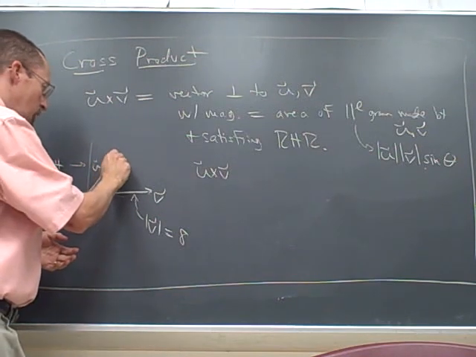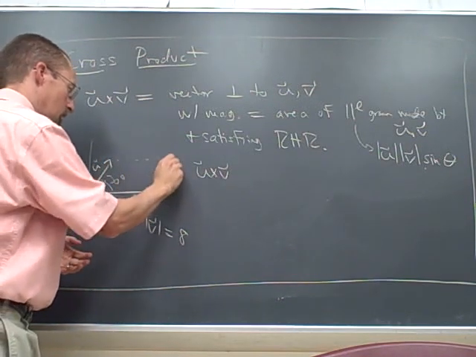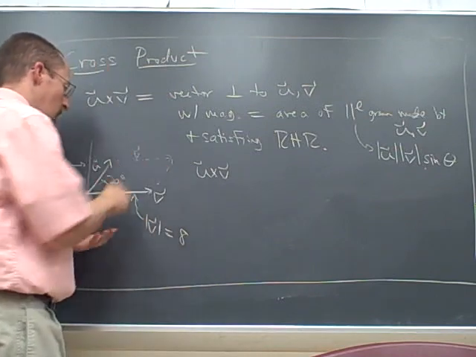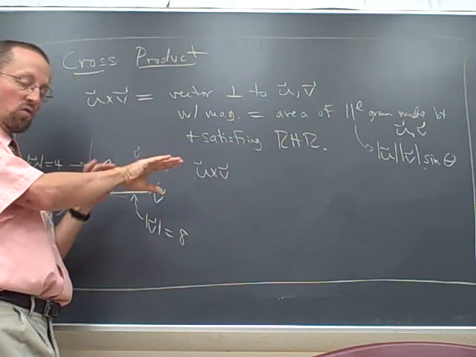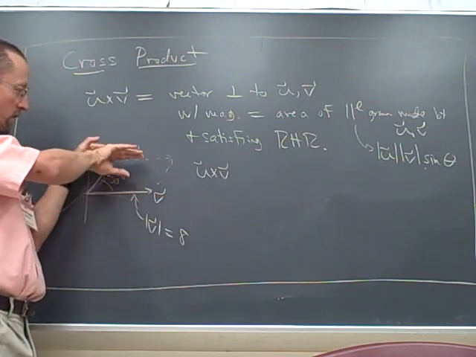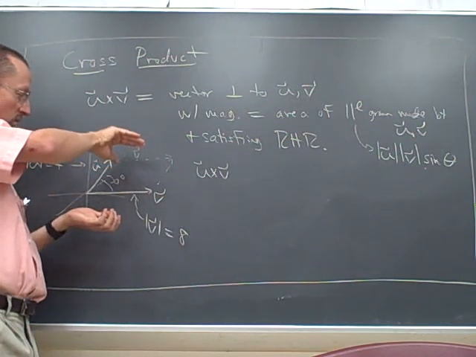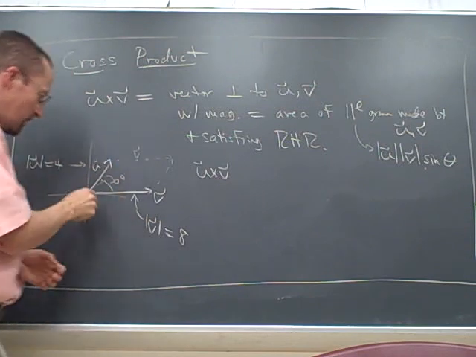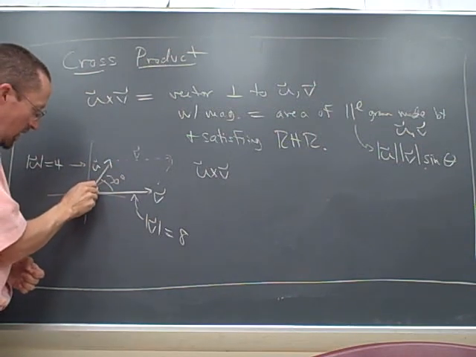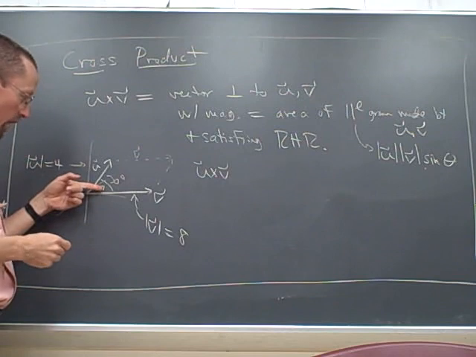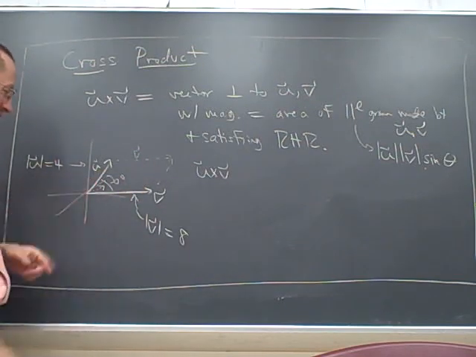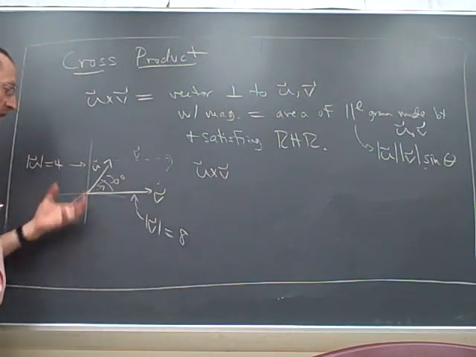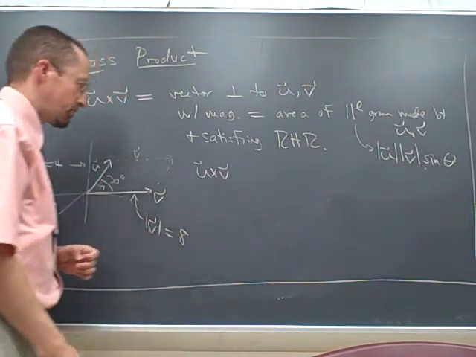And again, if I put a copy of v up here, I'm going to make the parallelogram. If I put them tip to tail, that's when it's easiest to use this rule: the hand is u, the fingers are v. Okay, it's going basically sort of into the board, it looks like. So there's going to be a vector going in that way towards the board, towards the negative x-axis roughly. And that's going to be the direction of u cross v.